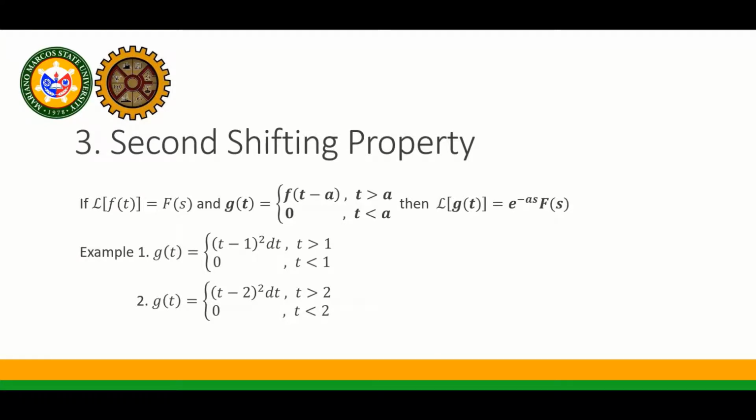So to further understand, let's try example number 1. Example number 1 is g of t is equal to t minus 1 squared at t is greater than 1, and the second function is 0 at t is less than 1. So gagawin natin is the long method as our solution muna.